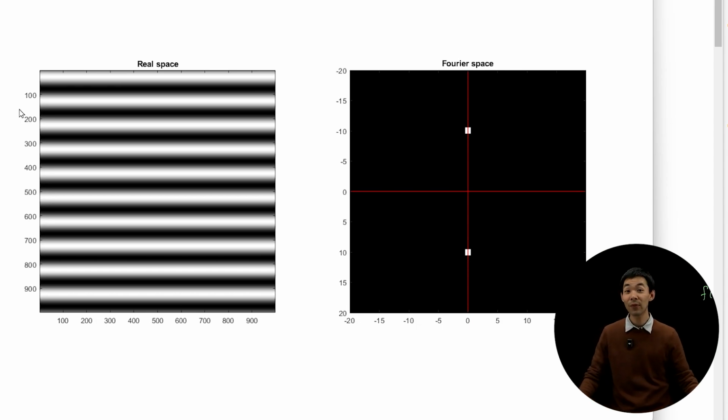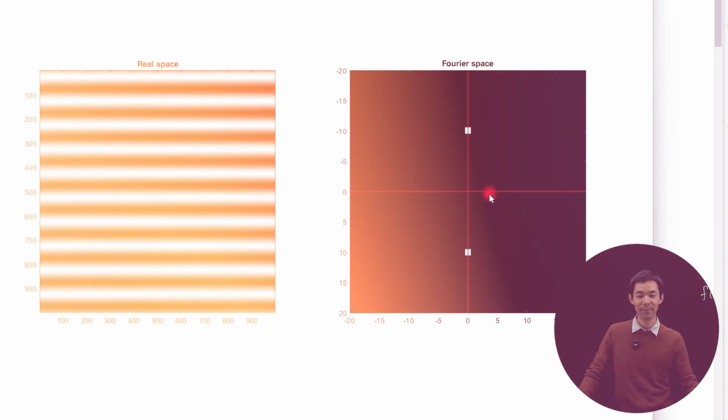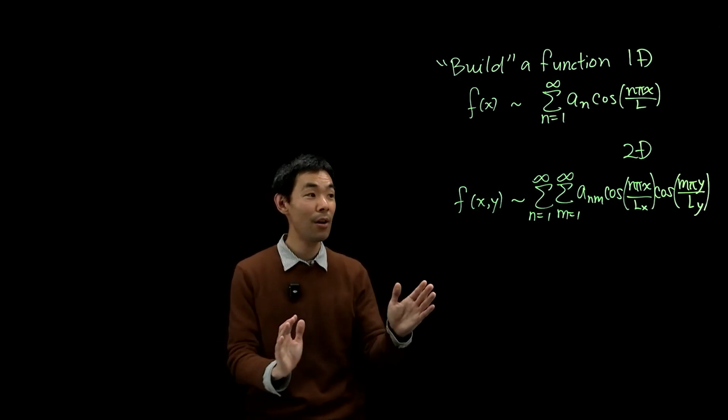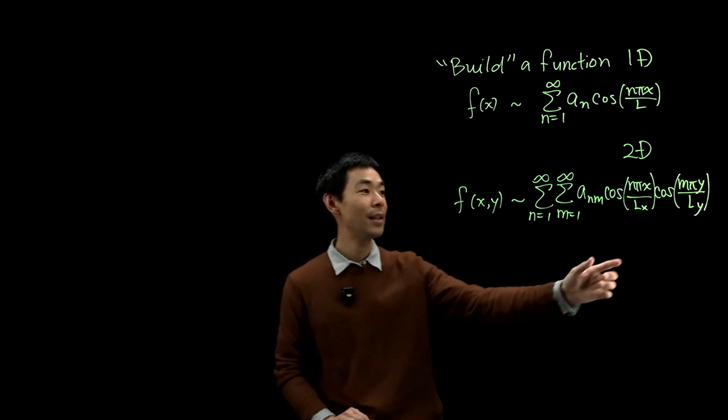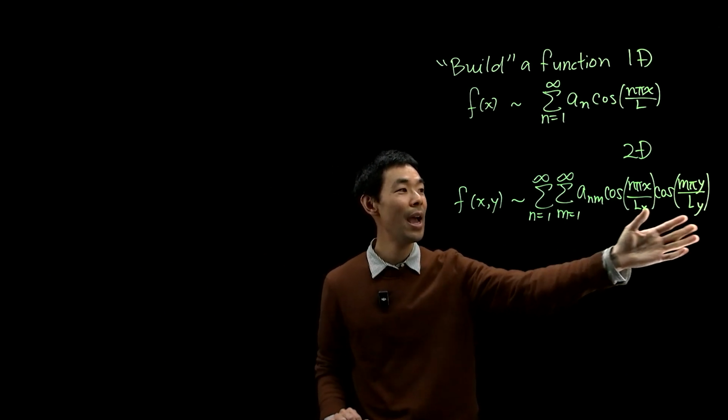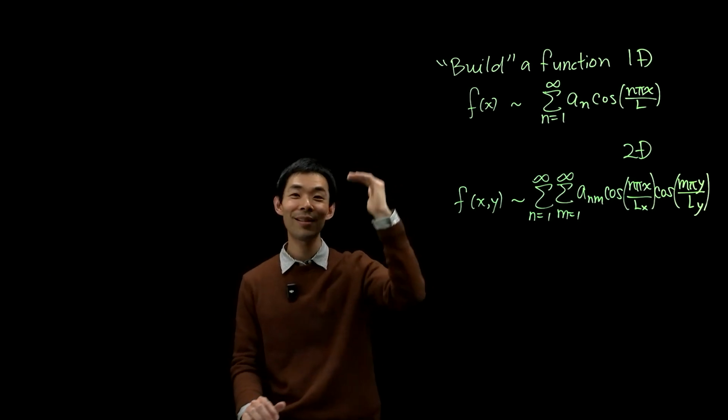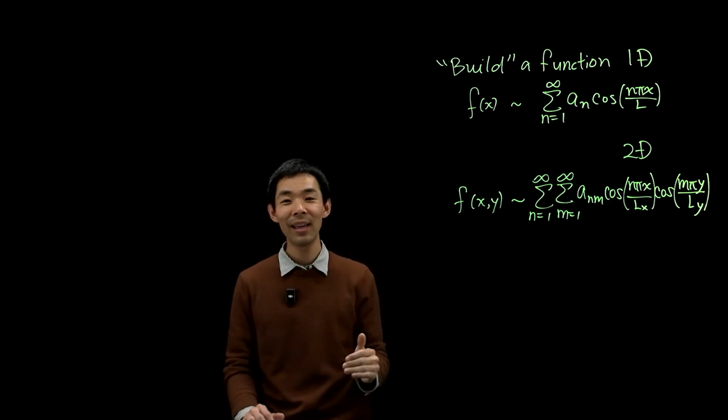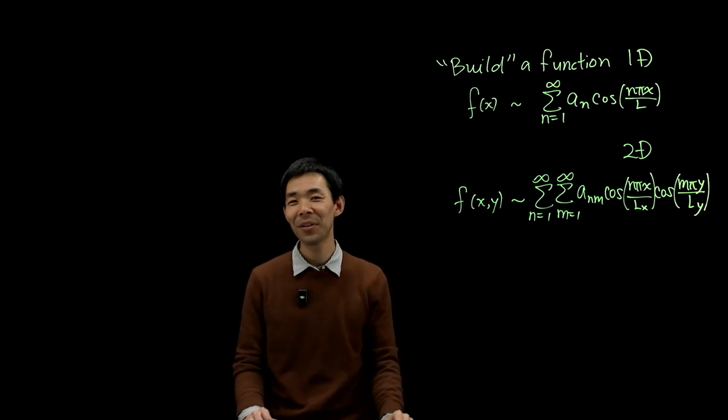And therefore, when you take the Fourier transform of that image, now moving over to the right-hand plot, where we're plotting, again, the index n along the x, and then m along the y, you see a single dot at 10 and negative 10. Again, that makes sense because now all we have is a coefficient that accounts for m of 10, corresponding to 10 oscillations along the y, and no variation along the x.